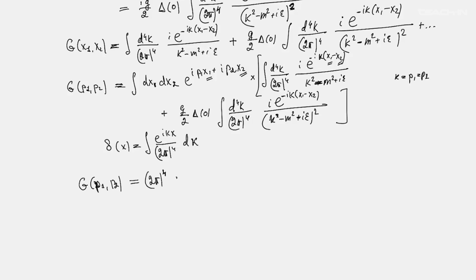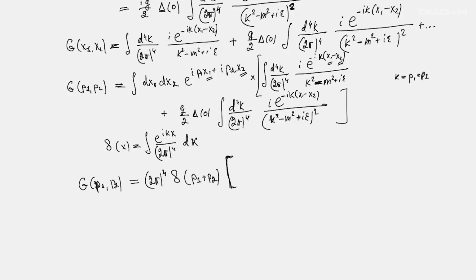As I said, there will be an overall delta function reflecting the conservation of momentum. And then what will be left over is simply a function of a single variable, say p1, which we write like this.